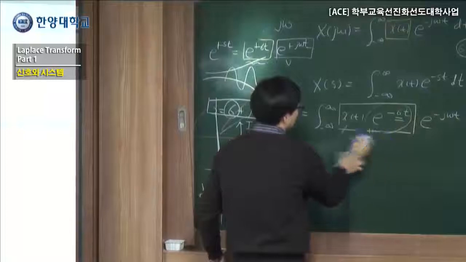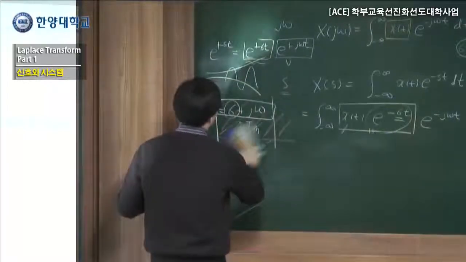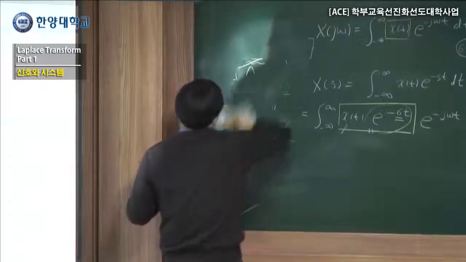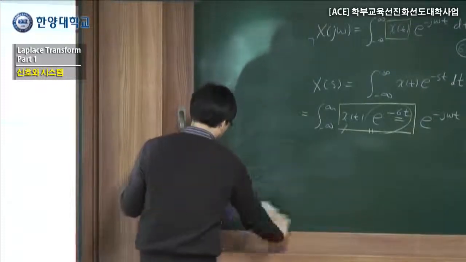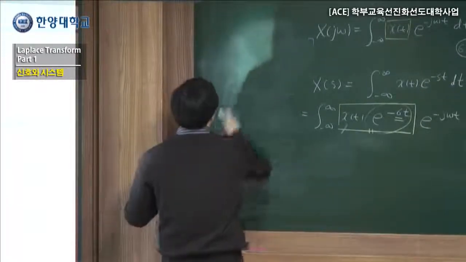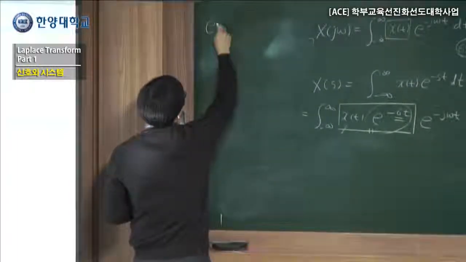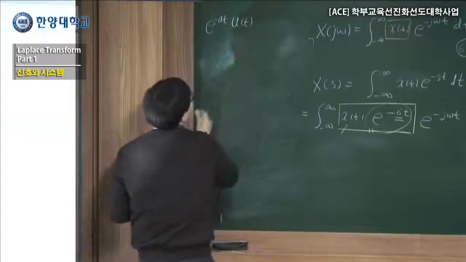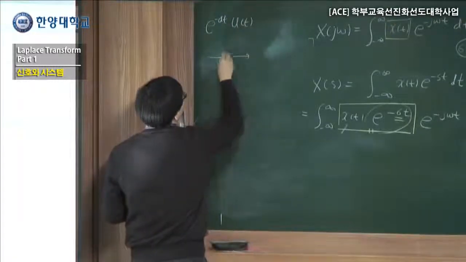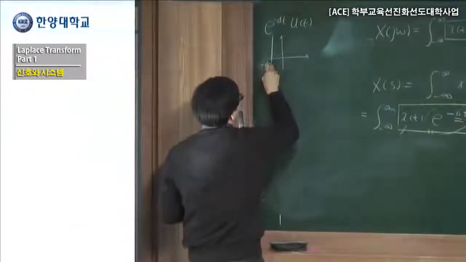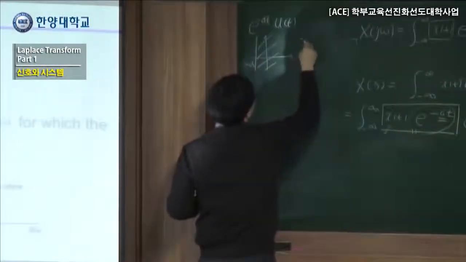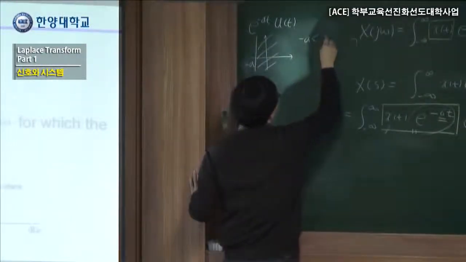So let's erase this. In the previous example, we solved e to the minus at times u of t, and the region of convergence is larger than minus a.